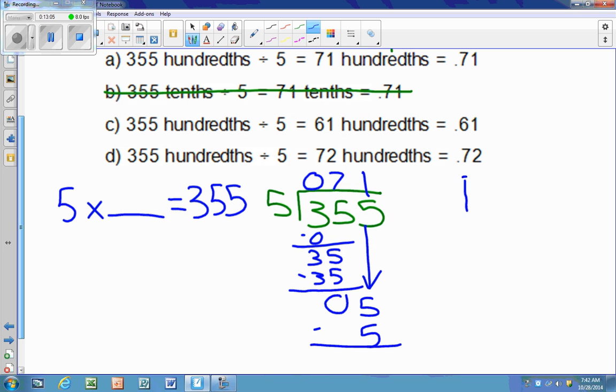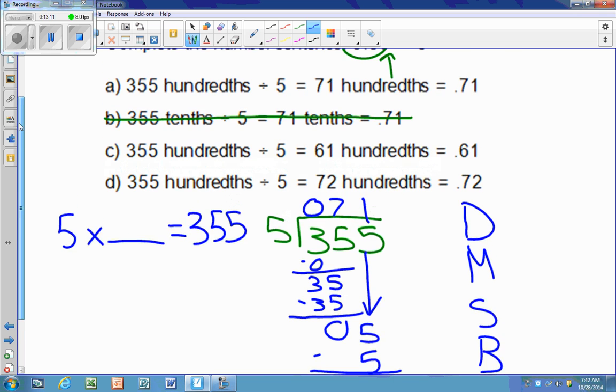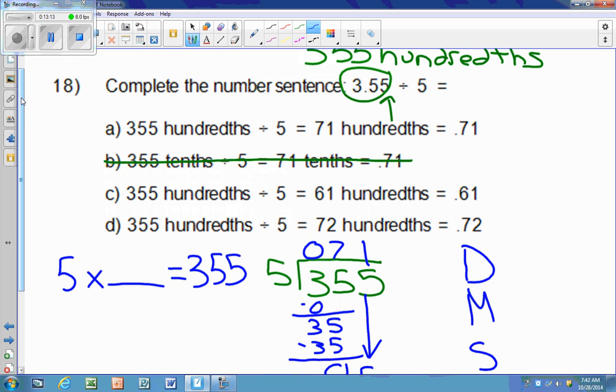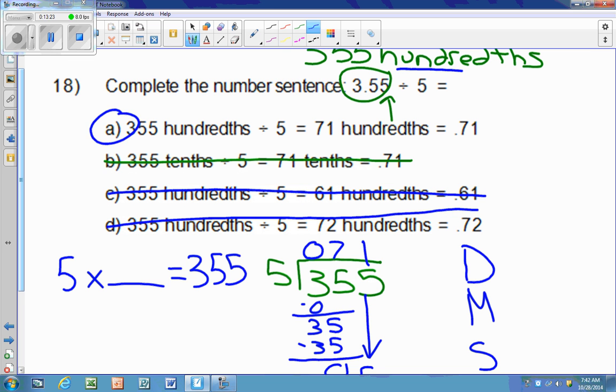So we have 71. And since we're talking about the hundredths up here, we want 71 hundredths. So we know that this can't be the answer, and this can't be the answer. So our answer is choice A.